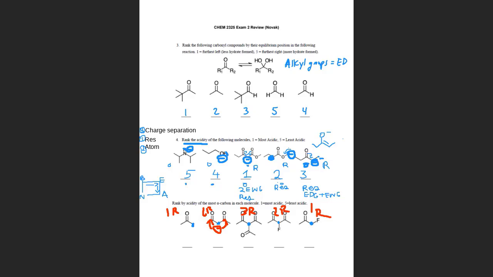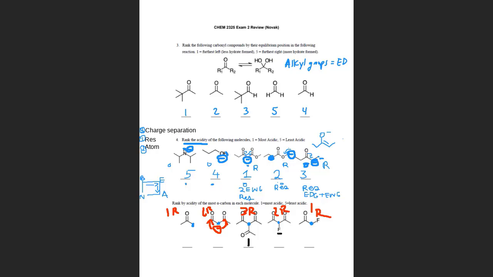So because resonance is the biggest factor, we're going to say that our third example is going to be ranked the most acidic, because it's going to stabilize that anion the best. So now when we go to our 2 structures with 2 resonance forms, numbers 2 and 4, we notice that they both have 2 resonance forms. So the only other difference is this fluorine right here.